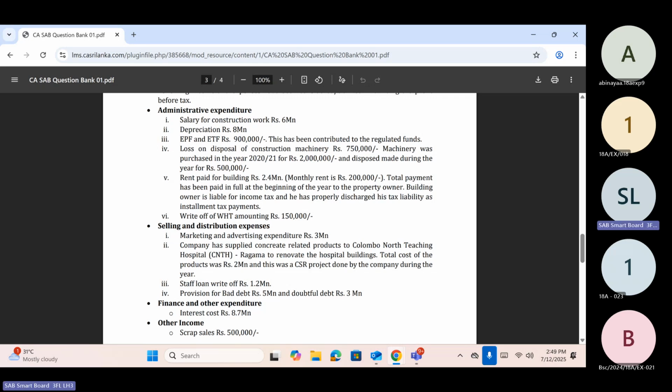First we will remove that disallowable interest cost. So what are the things allowable? It says borrowing which is used in the production of income, just for the business.